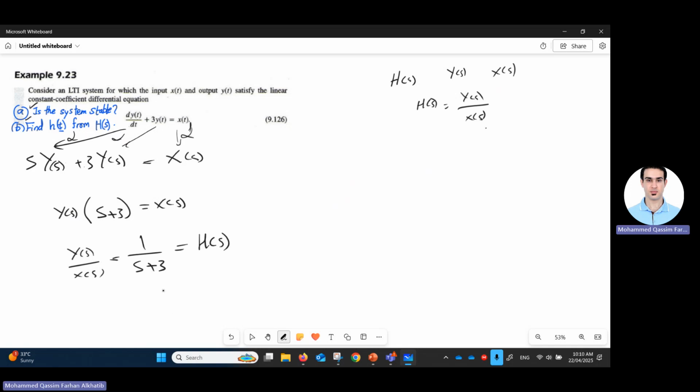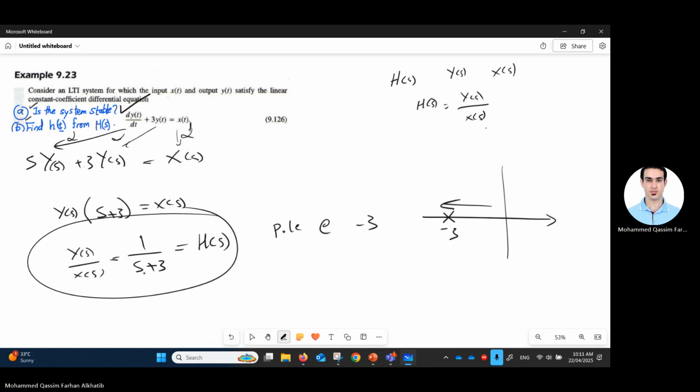Is it stable or not? Find the poles. Pole at -3. So that's the s plane, -3, left side of the s plane, so it is stable. Now find h(t) from H(s).